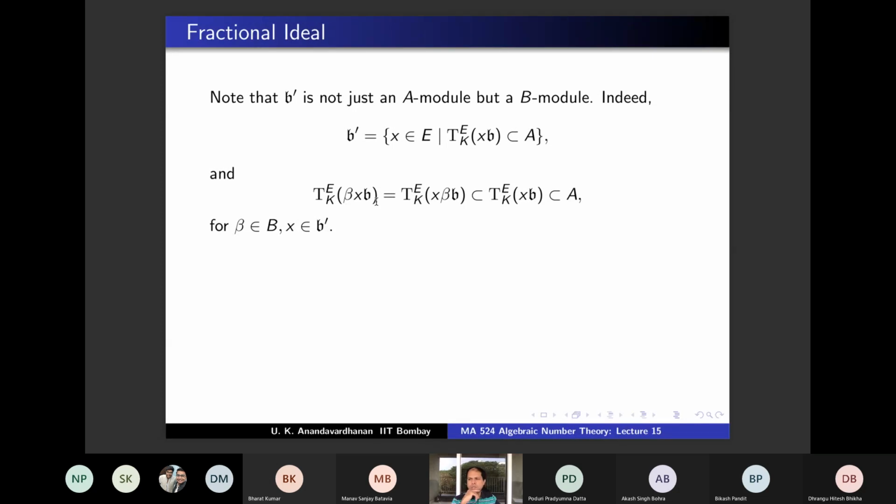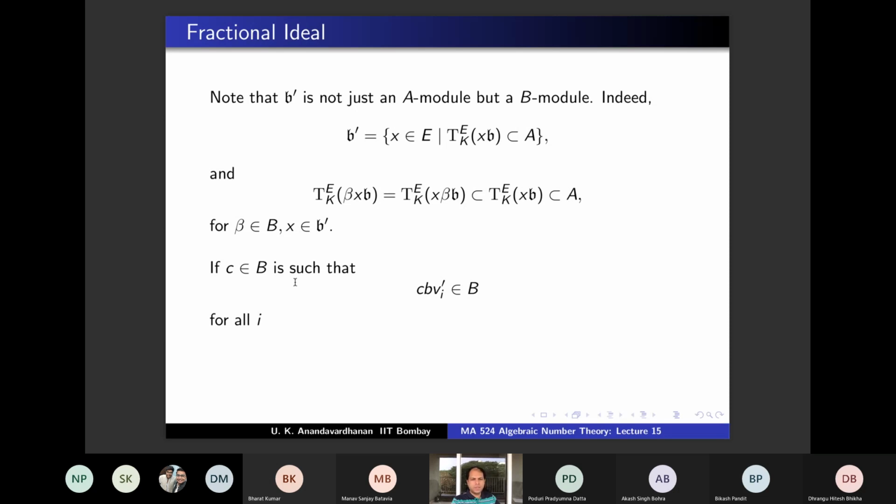So what you have shown is that B prime is a B module contained in E, of course, by definition. You have to show that it is a fractional ideal. So you have to show that there is an element such that if you multiply, then that times B prime is contained in B. So let us take a C such that C Vi prime is in B for all i. Right? Vi prime is a basis. You can make that basis integral by multiplying suitably. So choose such a C for the dual basis.